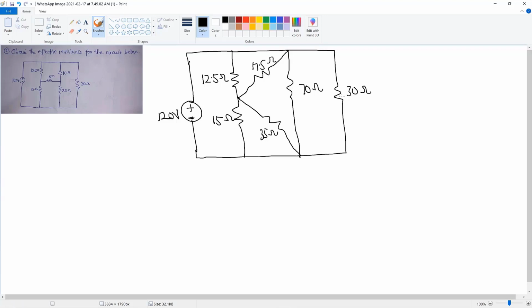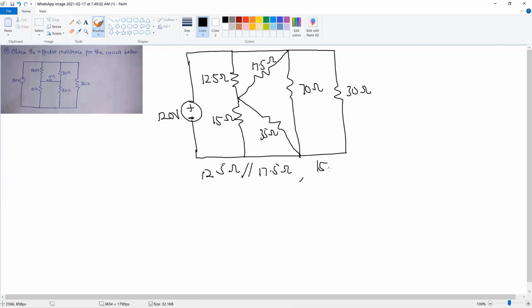So 70 and 30 are in parallel. 12.5 ohms and 17.5 ohms are in parallel. 15 ohms and 35 ohms are also in parallel. So we have 12.5 ohms in parallel with 17.5 ohms. That's one.